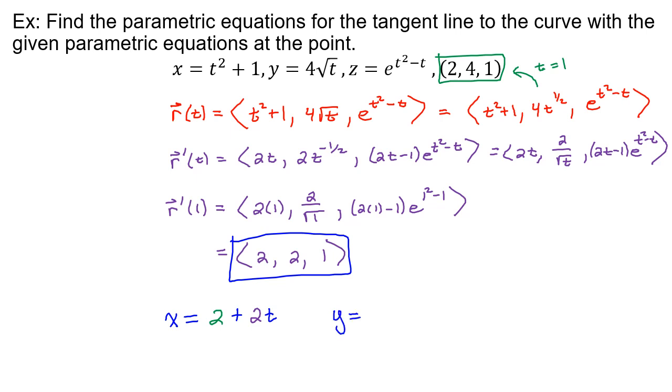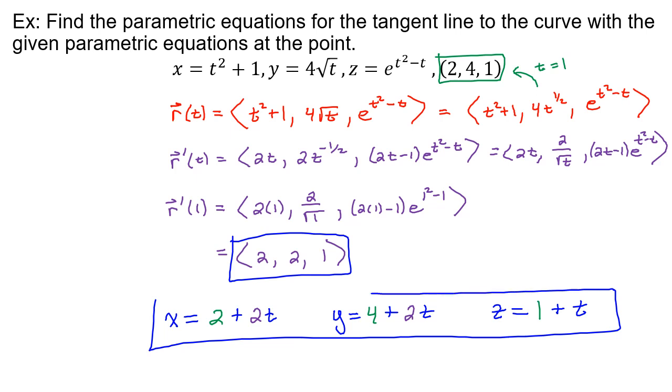And y would be the point 4 plus the 2 from the vector times t, and z would be the point 1 plus 1 times t, so you don't really see that 1 there. But anyway, these would be my parametric equations for my tangent line: 2 plus 2t, 4 plus 2t, and 1 plus t. So hopefully that makes some sense.